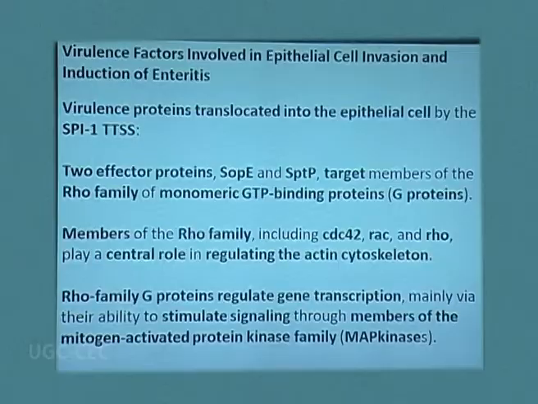Now, there are many different effector proteins or virulence factors that are delivered via these microinjection systems inside the host cell. If we consider the factors involved in the inflammatory action as well as the secretory action that we see in the case of enteritis, we will see that there are several effector proteins.